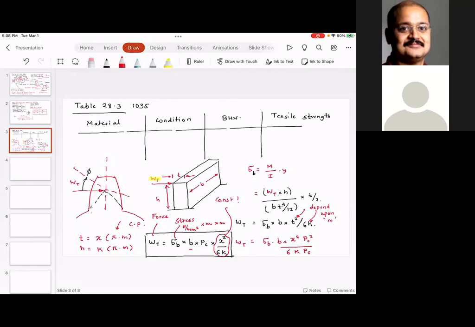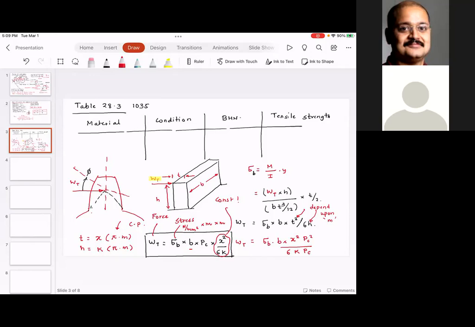So let me repeat this once again. What I have derived is called the beam strength equation for gear. Why is it called the beam strength? Because this comes from the bending equation. So in the bending equation, we have the bending moment. Bending moment is Wt multiplied by h, divided by moment of inertia multiplied by the distance from the neutral axis.